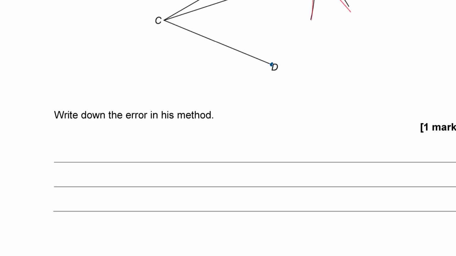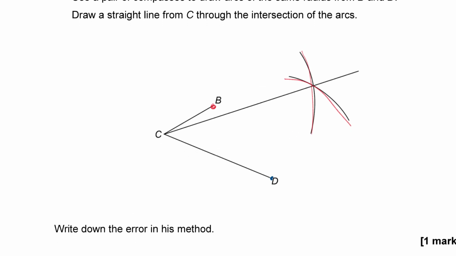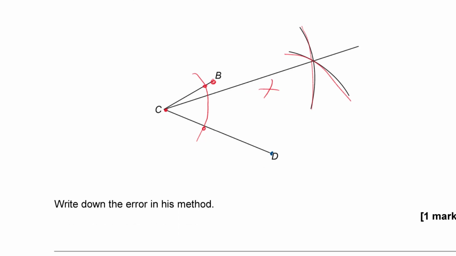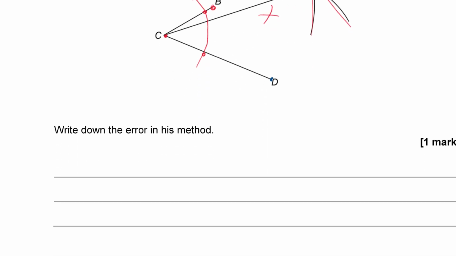So what was his error? Well, what you're meant to do is first put the compass at C and draw an arc that crosses both lines, and then use those 2 points to go on to do your 2 arcs. So that's where he went wrong, isn't it? So how can I write that down?